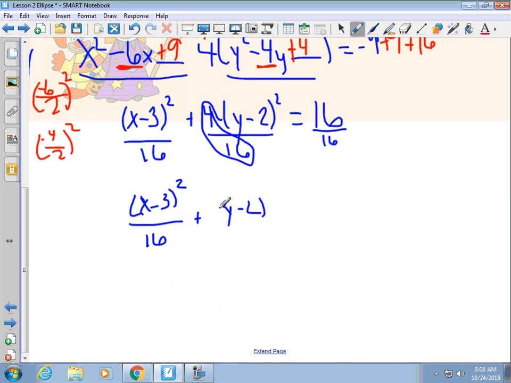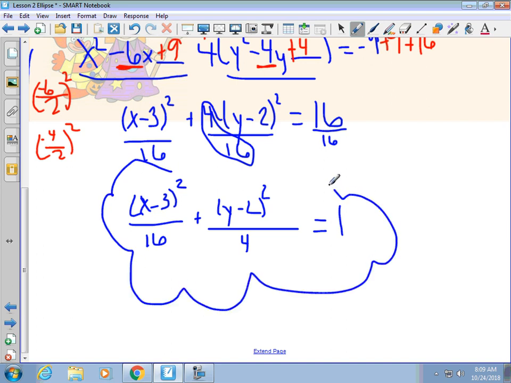So it's just (y minus 2) squared over 4, and 16 would give us a 4 on the bottom, and it equals 1. And now we have our perfect ellipse equation there. This would indeed be a horizontal ellipse because the 16 is the biggest number and it's under the x.